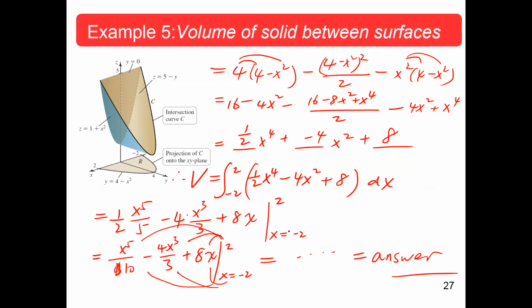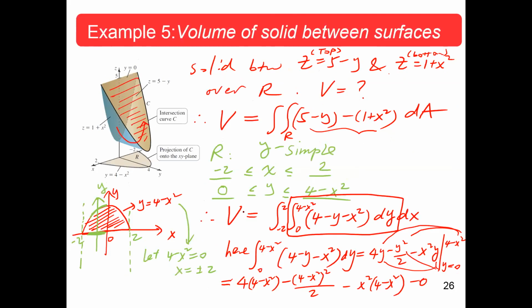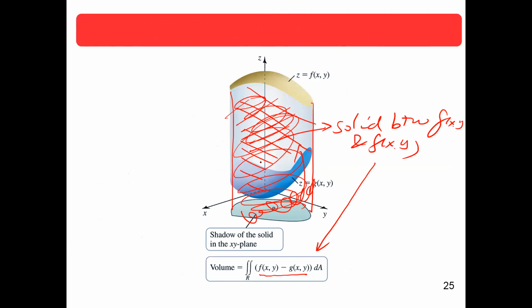So in this question, it is the volume of the solid in between those two surfaces, which is in between here. And this can also be computed by using double integration. Any questions for this lecture so far? No. Okay, great.